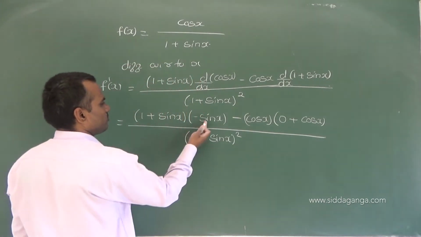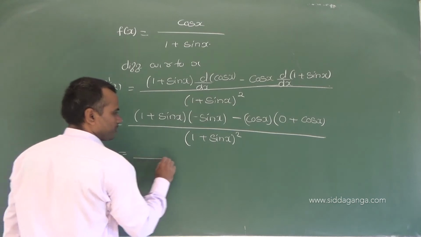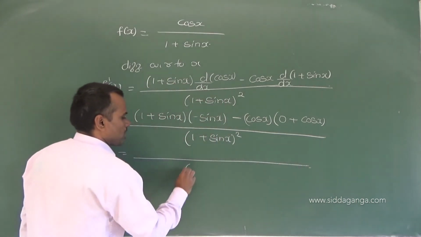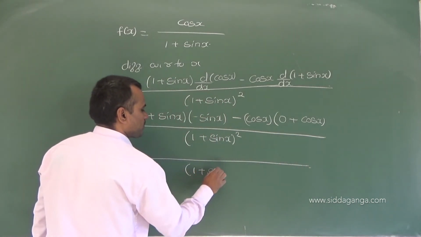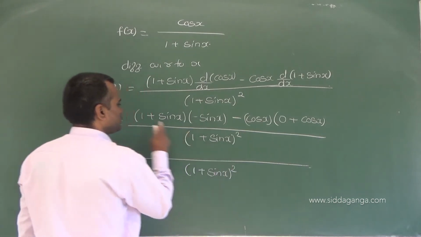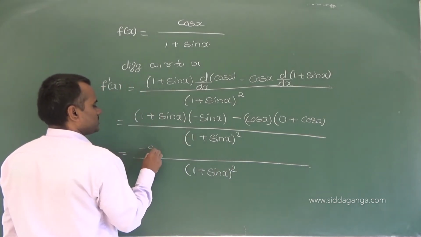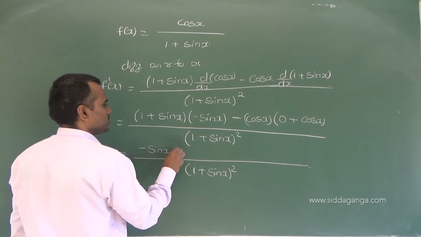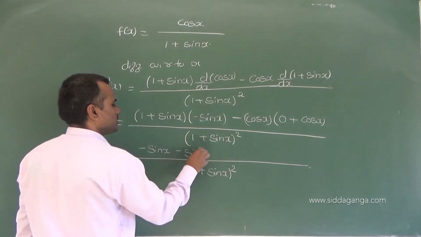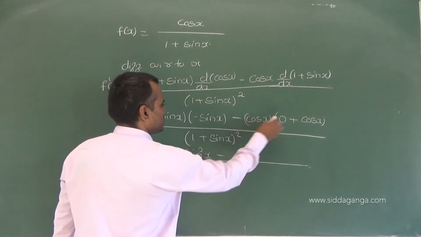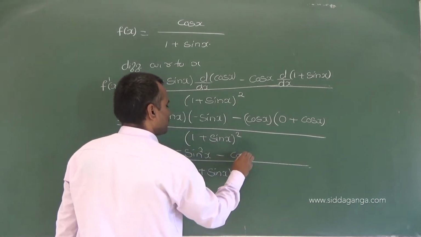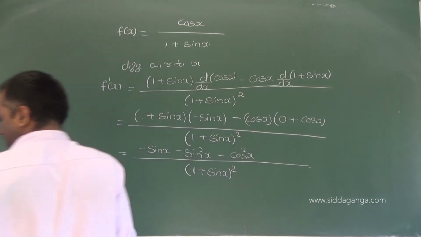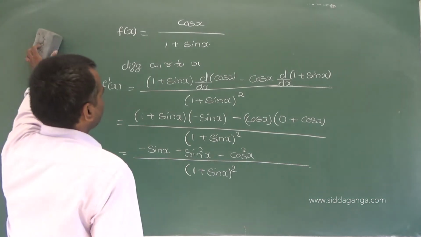Okay, better to be multiplied. 1 plus sin x whole square, minus sin x minus sin square x minus cos x into cos x, cos square x.